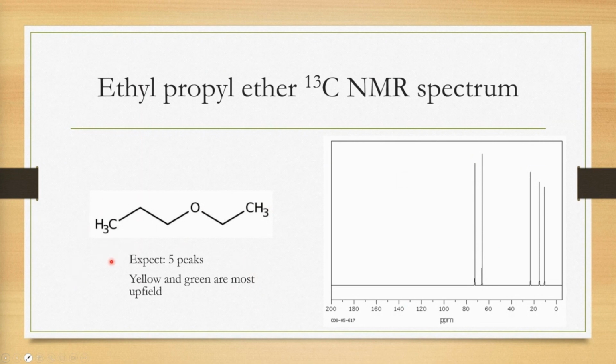So I have highlighted the different carbon atoms. Now each carbon atom in this molecule is in a different chemical environment. So the CH2 is different from this CH2 because this one is bonded to another CH2 while this one is bonded to a CH3. And then this CH3 is different from this CH3 because of its proximity to the oxygen atom. So each carbon atom is in a different chemical environment.